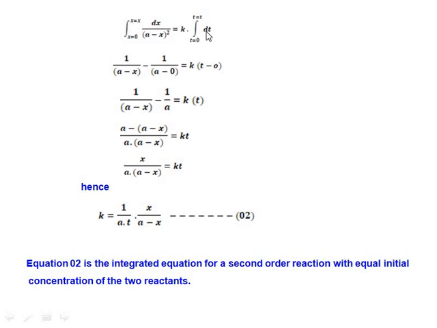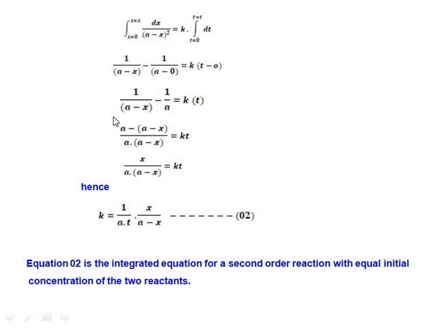By solving these integrals, we get 1 upon (a minus x) minus 1 upon (a minus 0) is equal to k into (t minus 0), that is, kt.